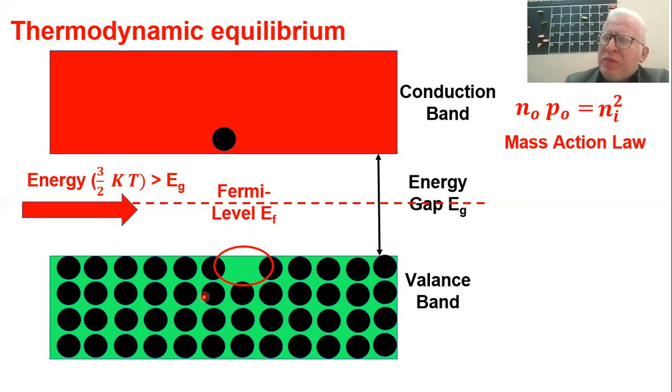The question will be, how can I know from the energy band diagram that there is a thermodynamic equilibrium? I have an energy band diagram like this, with a valence band, conduction band, Fermi level, all these things. How can I detect if I am under thermodynamic equilibrium or not? The answer is very simple. Please look at the Fermi level.